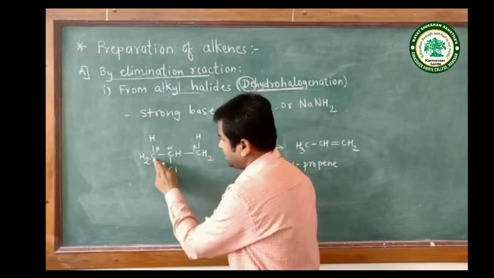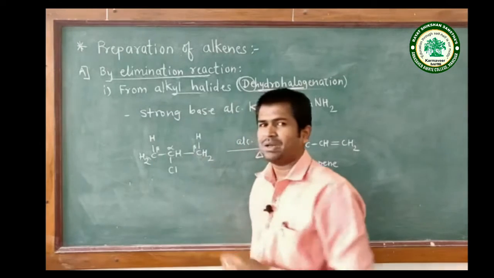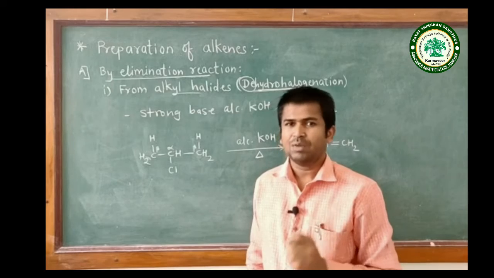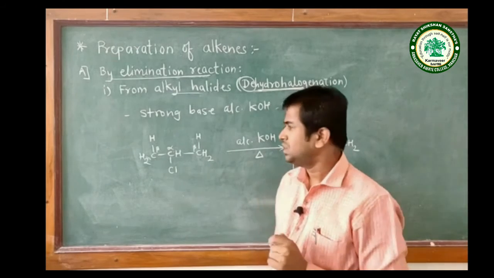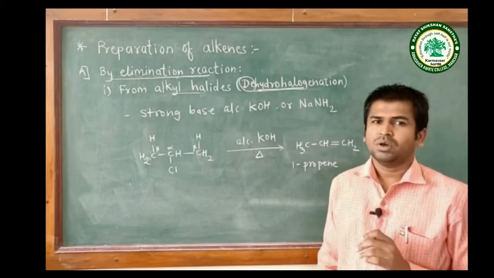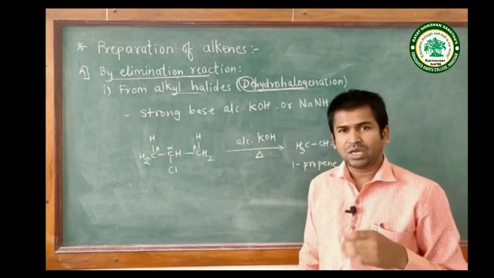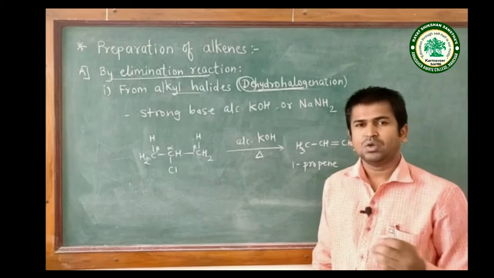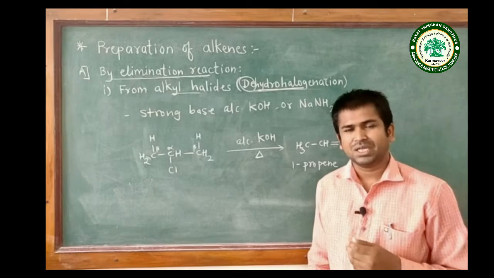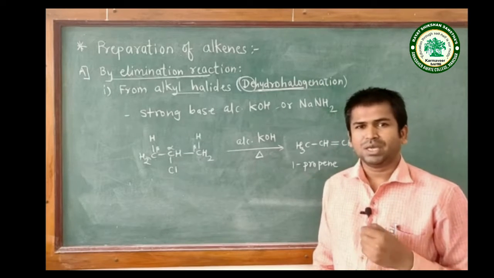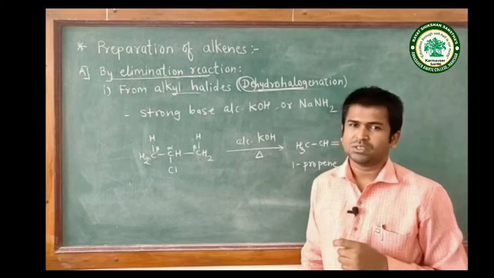The hydrogens at this beta carbon and at this beta carbon are the same. They are of one type of beta hydrogen atom, and therefore we get only one product. Now if there are two types of beta hydrogen atoms or more than two types present in an alkyl halide, then we get two or more products.